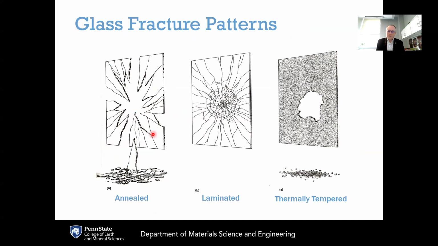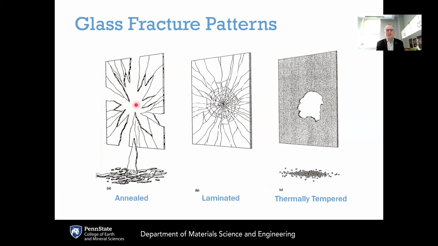Now, when we consider when glass actually breaks, we can see different types of fracture patterns in that broken glass. For example, if you have an annealed glass window and somebody throws a rock or a baseball through the window, you might get a fracture pattern as shown on the left. And this is kind of a starburst fracture pattern here.